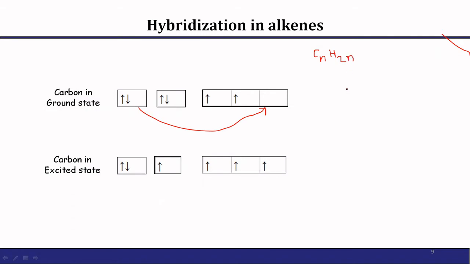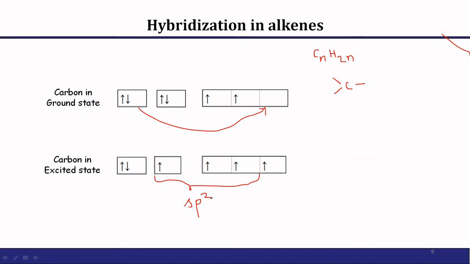So carbon is likely to form bonds with 3 more atoms. This requires hybridization of the 2s orbital and 2p orbitals to generate hybridized equivalent orbitals.